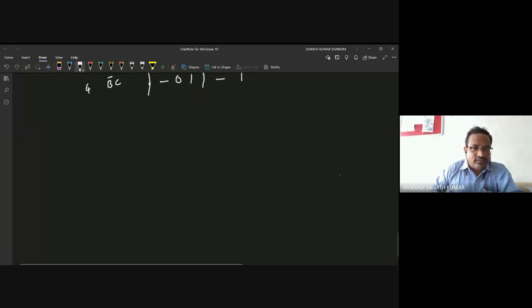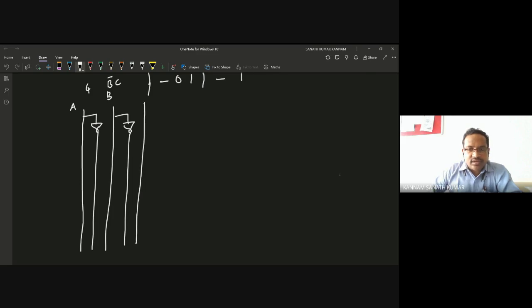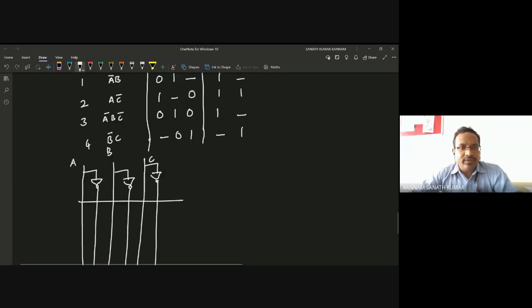So this is A and this is the complemented form A bar. This is B bar, C, C bar. Now, how many product terms are there?